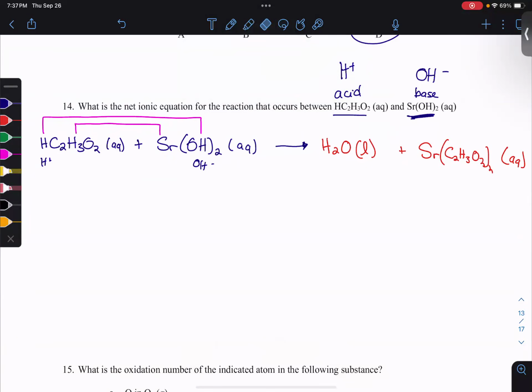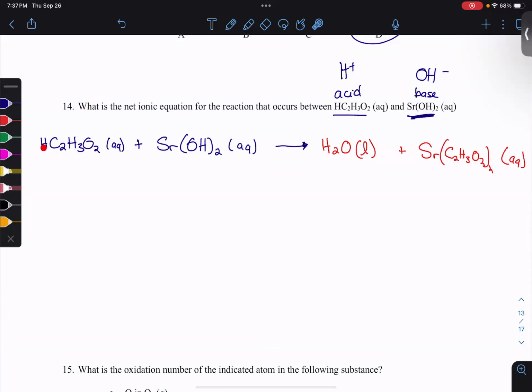Okay, so is this balanced? Not quite, not yet. We have to balance it, because notice we have 2 hydroxides but only 1 water, and we have 2 acetates on the product side but only 1 on the reactant side. You can balance the acetates together; you don't have to balance the separate carbons, hydrogens, and oxygens. There are 2 acetates on the product side, so I need 2 acetates on the reactant side.